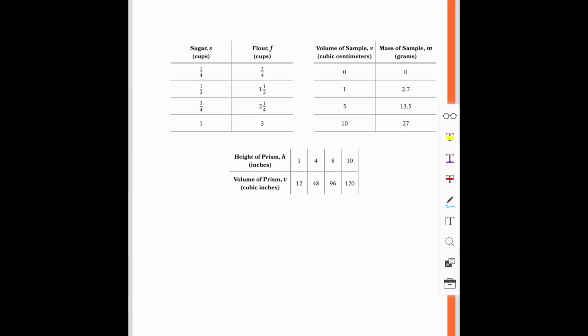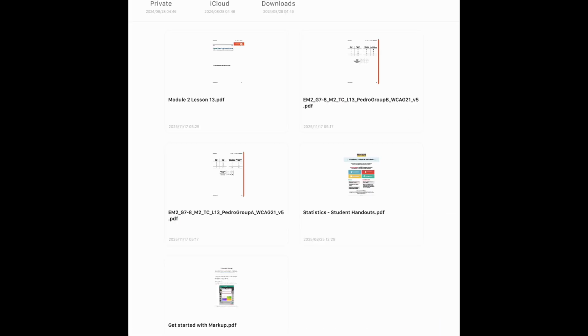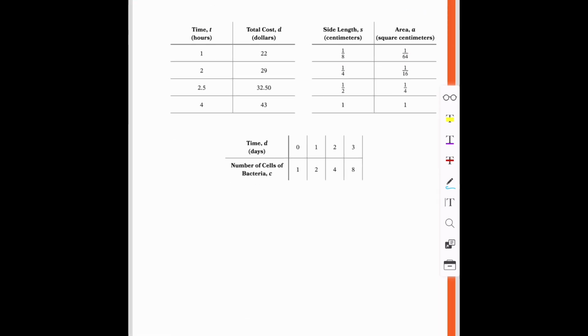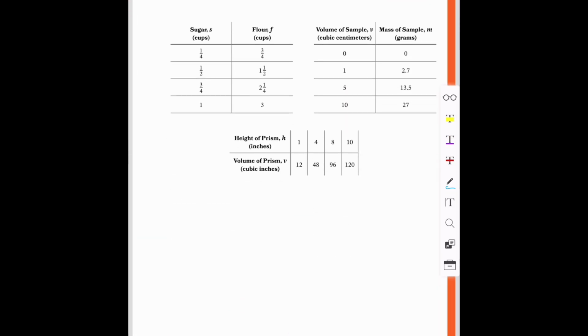So group A's tables are on page 205, okay? And group B's tables are on page 207. So real quickly, go to page 205 so we can look at group A's tables, okay?